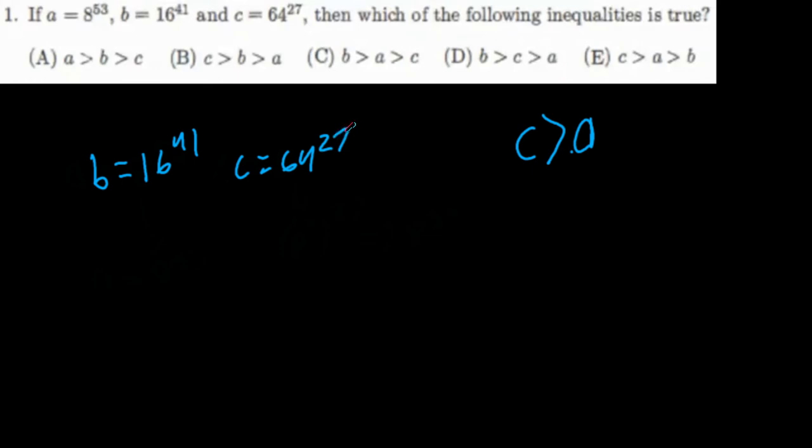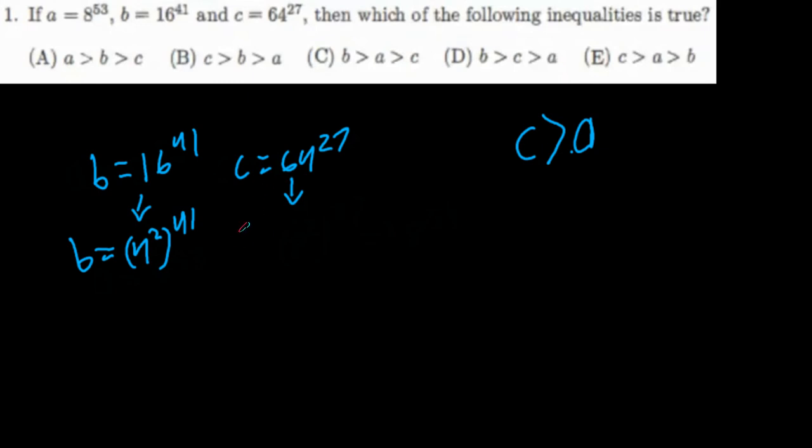To compare numbers with exponents, you have to make their bases the same. Which base number do 16 and 64 have in common? Well, 4. So we can write 16 as 4 times 4, so 4 squared, then that to the power of 41. Okay, now we have b.